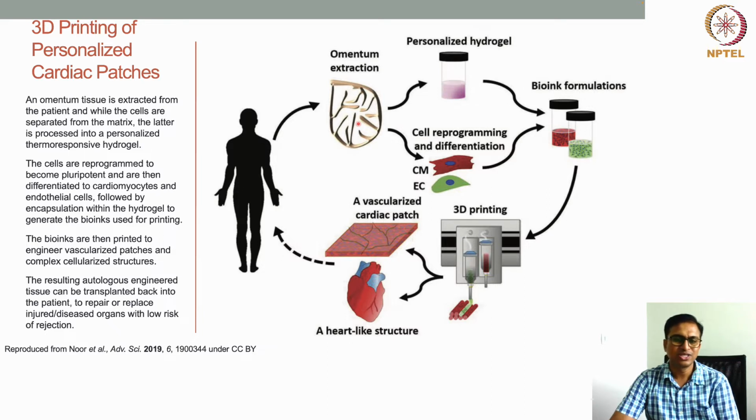Again there is a typical protocol, where this tissue is solubilized by dissolving it in an acidic solution with the help of pepsin or some other enzyme, and then a hydrogel can be developed.